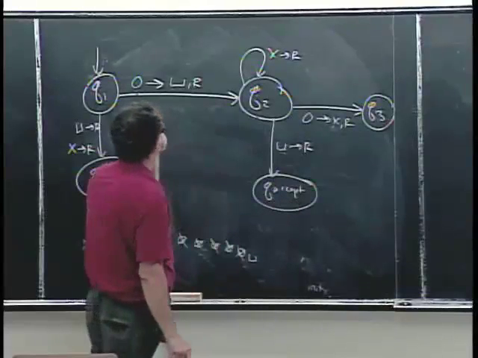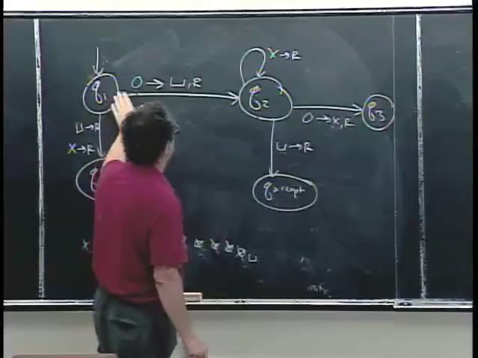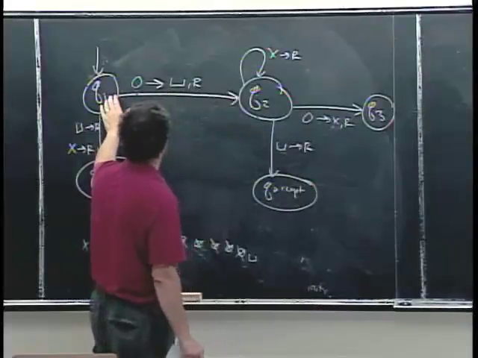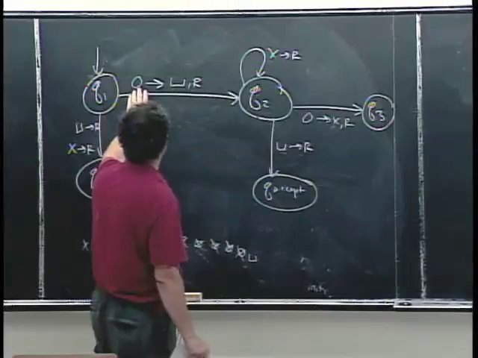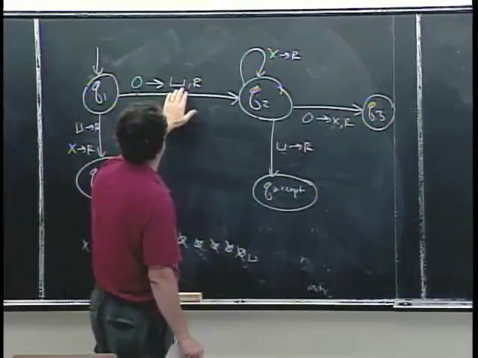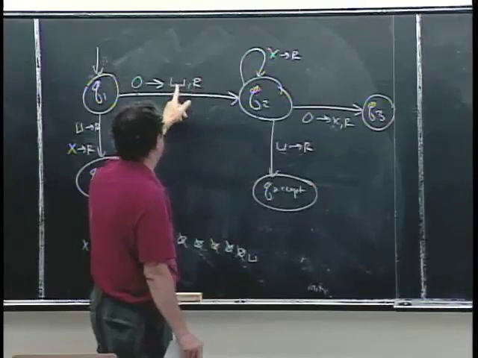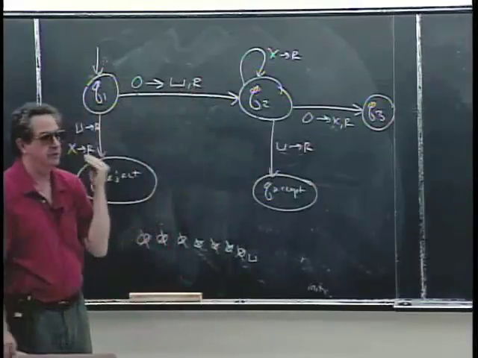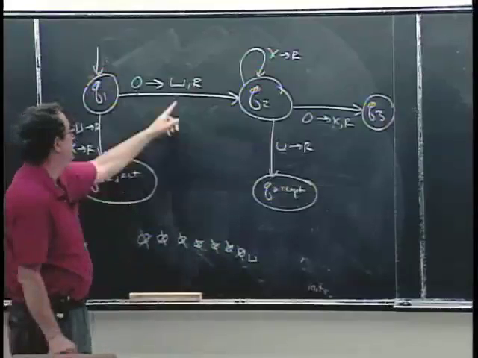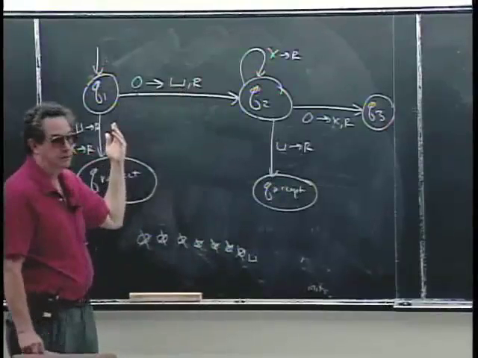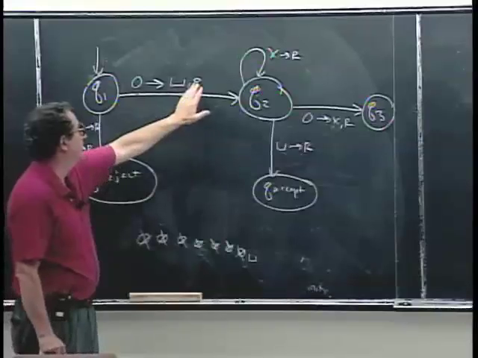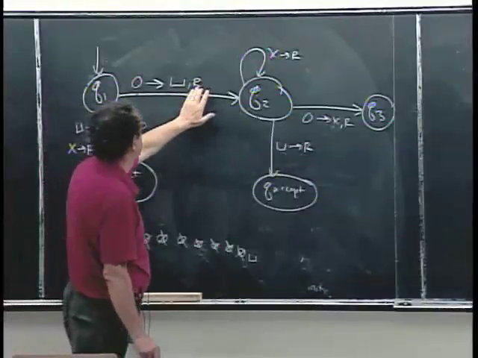So if you think about the computation from here, you're saying here's a 0, you're turning it into a blank. That's so we can detect when we're on the left end, by the way. We don't use an X in that case, we just use a blank. And then you go right.